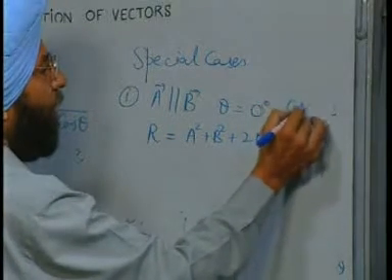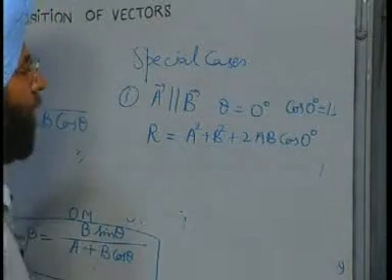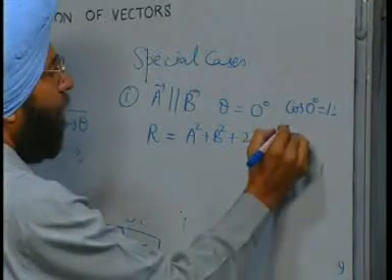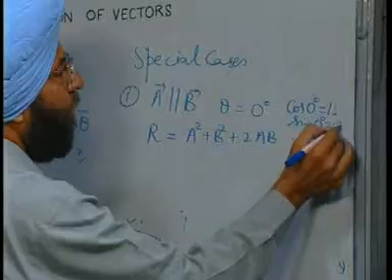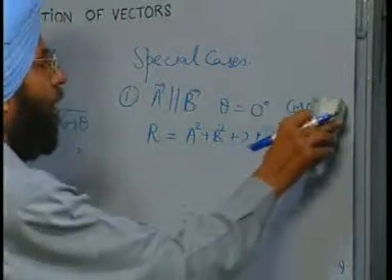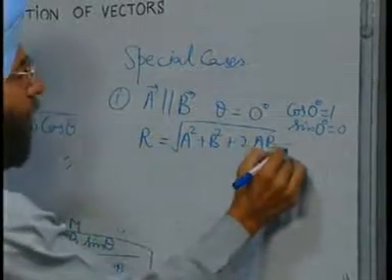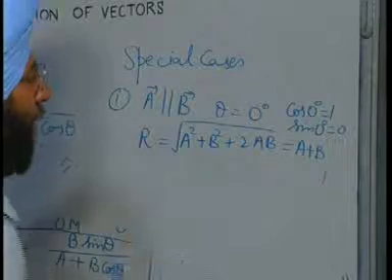Cos 0 degree is 1, and we will need sin 0 degree. Sin 0 degree is 0. Square root of this, we will see, is equal to A plus B.